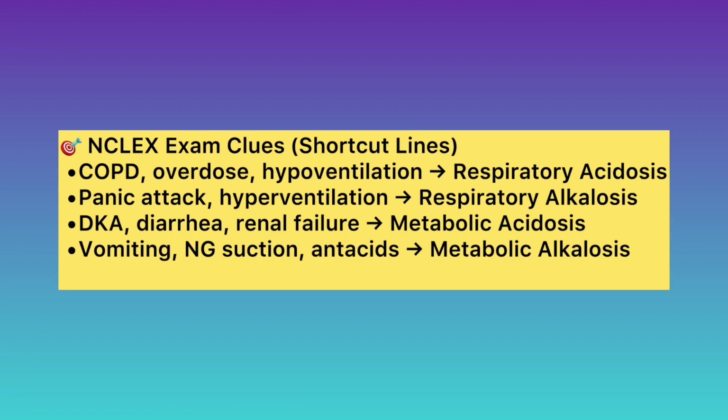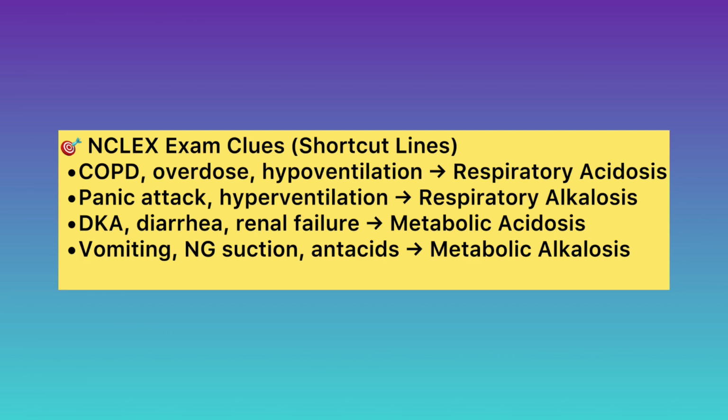Again, I will repeat the NCLEX exam clues so you can remember them for the exam. COPD, overdose, and hypoventilation mean respiratory acidosis. Panic attack and hyperventilation mean respiratory alkalosis. DKA, diarrhea, renal failure mean metabolic acidosis.